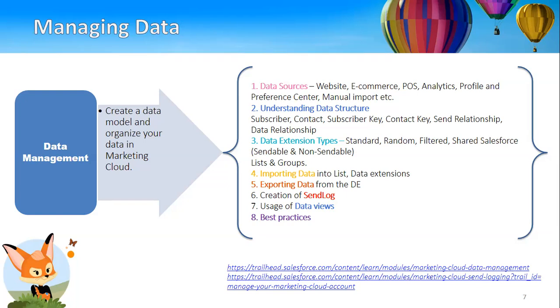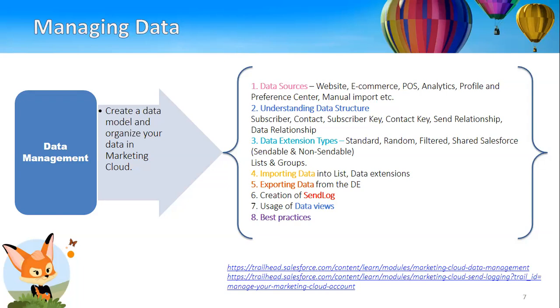We are working for a clothing brand, and husband and wife both are using the same email address, and that is the subscriber key which you have mapped. That is, email address is mapped as a subscriber key in your account. What happens when husband and wife both are using the same subscriber key? Even though they are identified as two different people, with their profiles, like their gender, they will be considered as one because of the subscriber key.